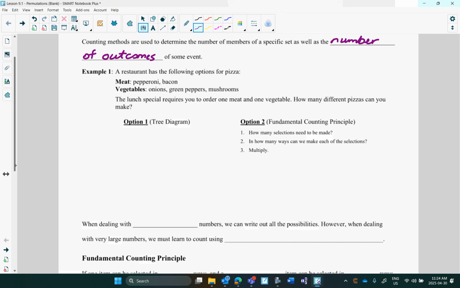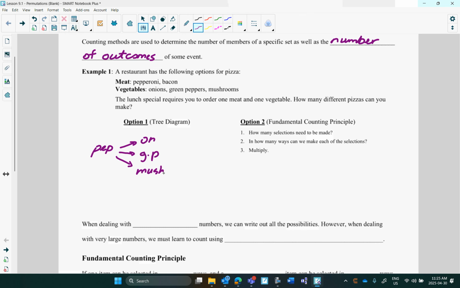So if the numbers are really small, like we've got 2 types of meat and 3 types of veggies, we could do that. Let's say you chose pepperoni as your meat. What are your possible choices for a vegetable? I could go pepperoni onion, pepperoni green pepper, and pepperoni mushroom.